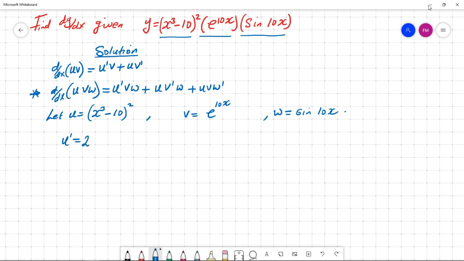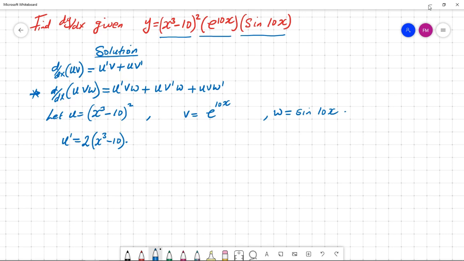This is going to be equal to 2, so you multiply these two here, (x cubed minus 10), subtracting 1 from 2 you get power 1, then multiplied by the derivative of the inside function. That is what chain rule tells us, and the inside function is x cubed minus 10.